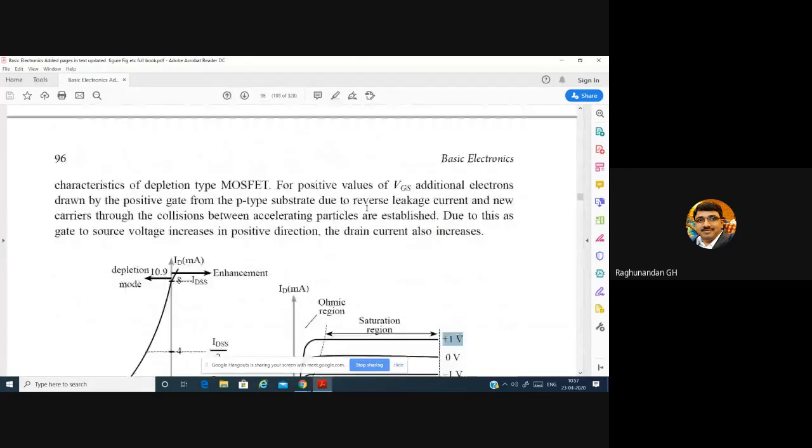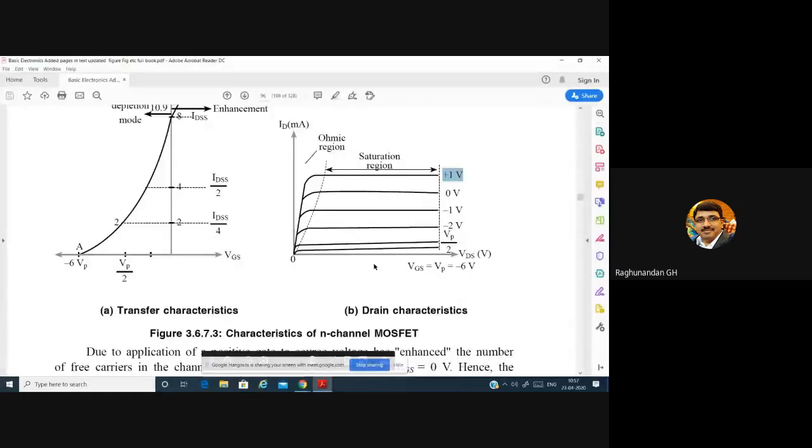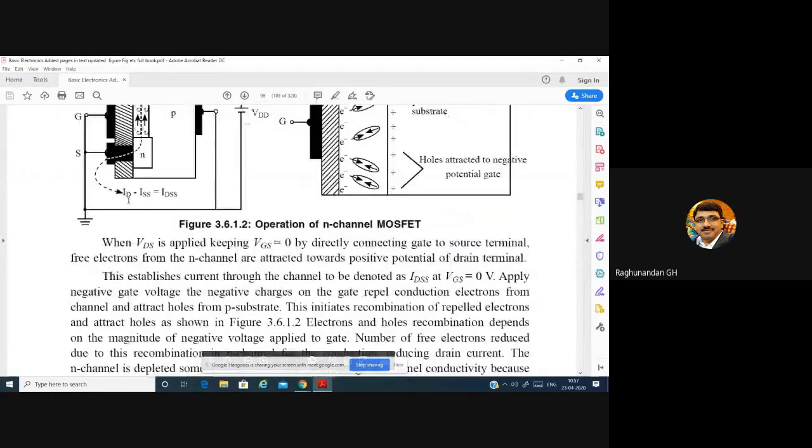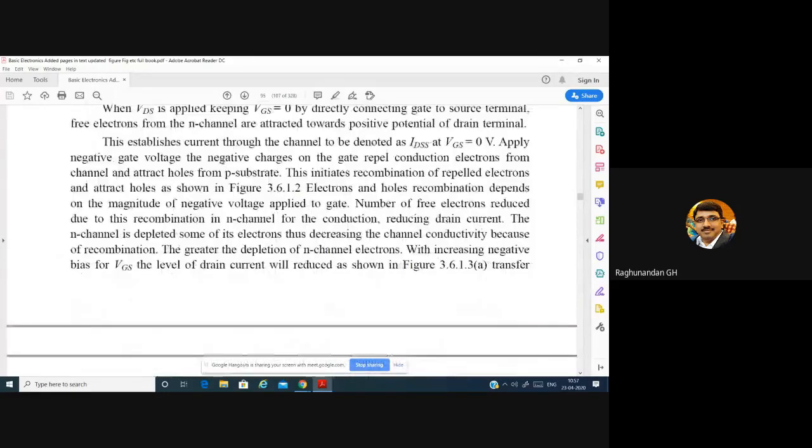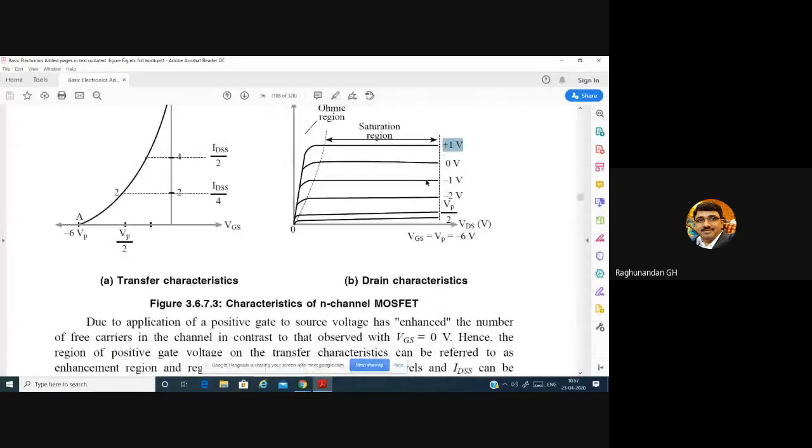When we provide negative voltage, the electrons were repelled from this channel to the p substrate, so we had lesser current. As you increase the negative voltage, the current keeps on decreasing. Finally, when VGS is equal to minus 6 volt, you will have almost zero current.